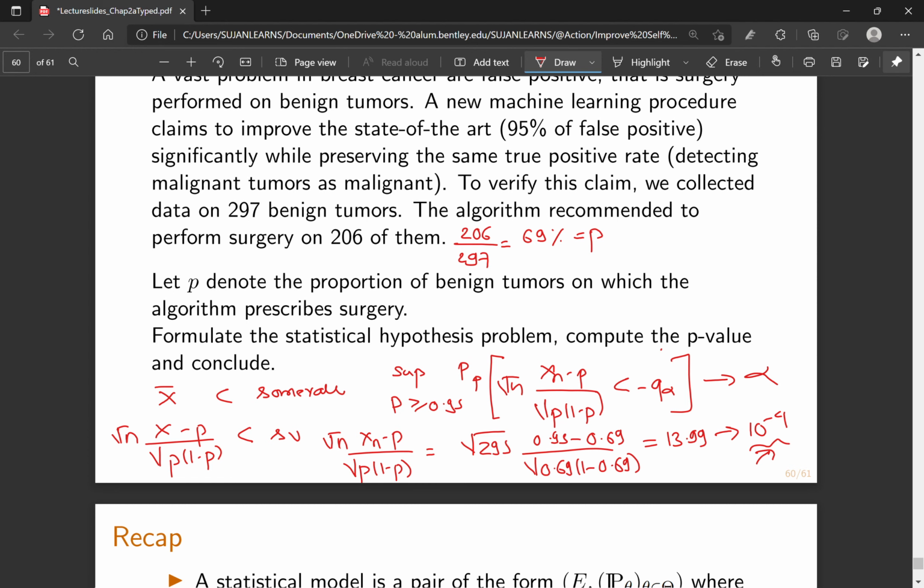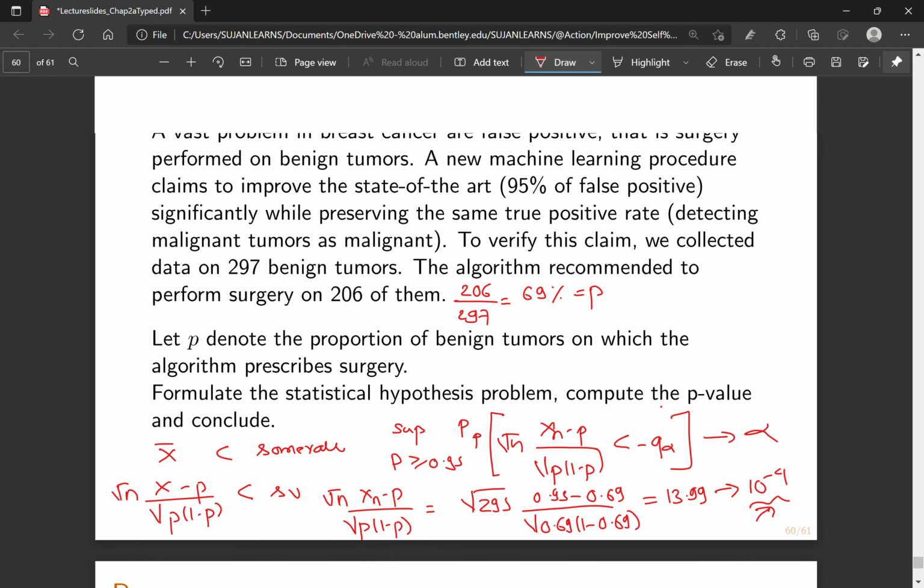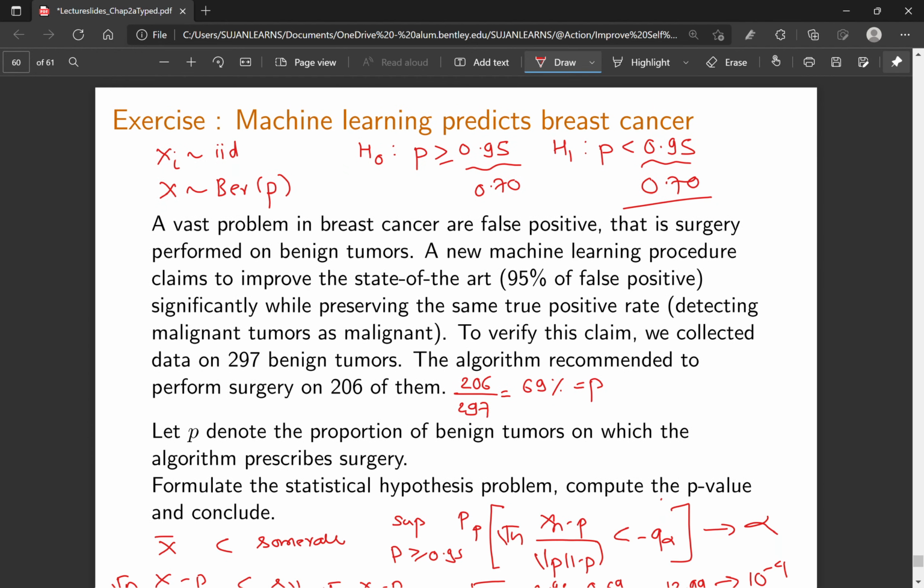And then let me quickly summarize what we learned today. We learned about using hypothesis testing to evaluate a machine learning model.